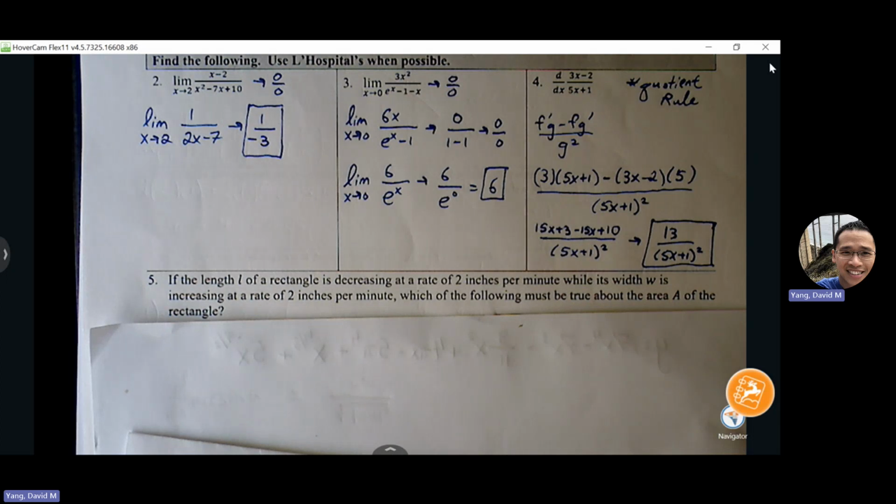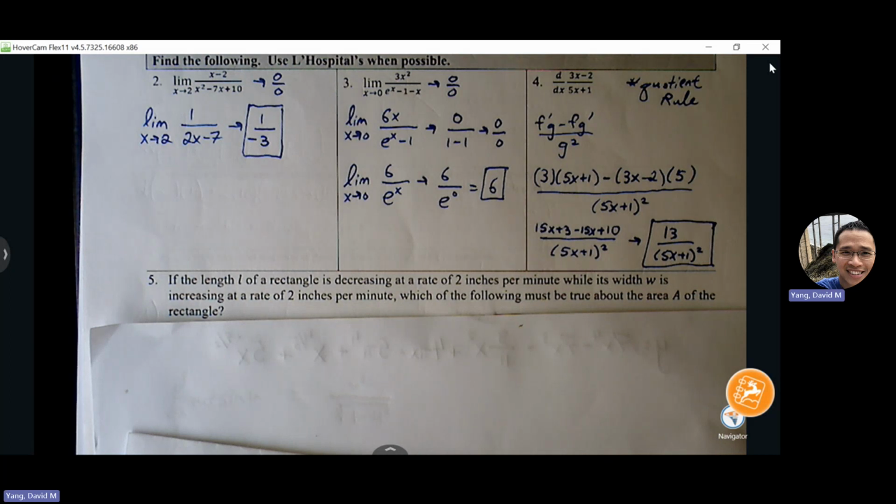Let's go through this process from a related rate standpoint, right? What's the area of a rectangle? Now, we know that length and width are changing. Everything here is in terms of rates. What information can we gather based off of what's given to us? dL over dt is negative 2, and then what else?